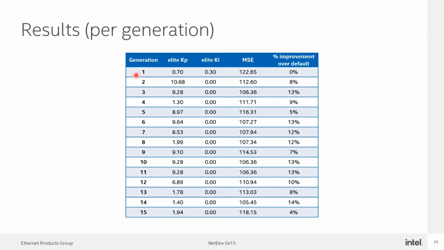The very first run was the one that used the default values, and in the second run we actually got very good results, and in the third one we already got very close to the best of all of those, which was reached at generation number 14.